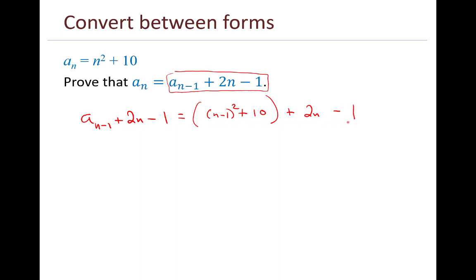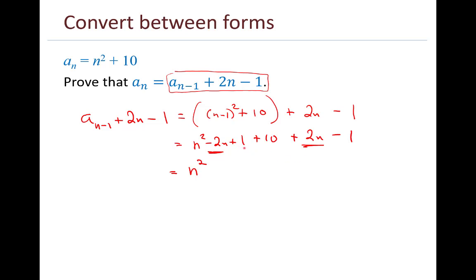And now I have the right-hand side, which is totally in terms of n's. It doesn't have any a sub n's in it. And I will just expand everything out. So it looks like we get n squared minus 2n plus 1 using FOIL, plus 10 plus 2n minus 1. Do some simplification. The n squared stays. I have a minus 2n and a plus 2n, so those drop away.